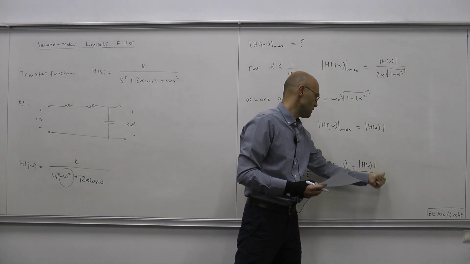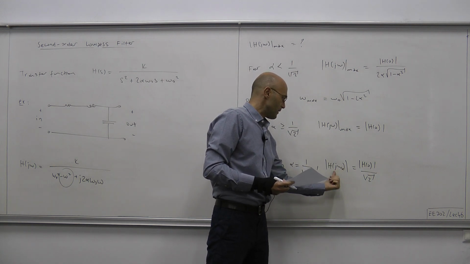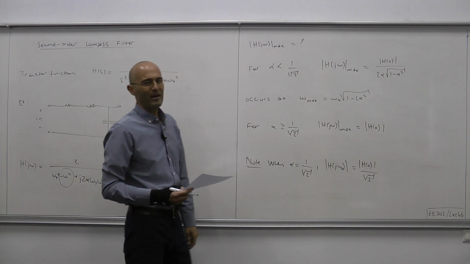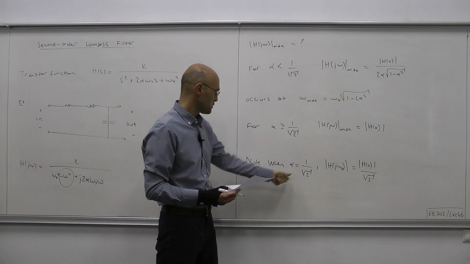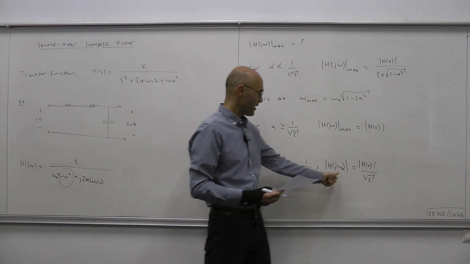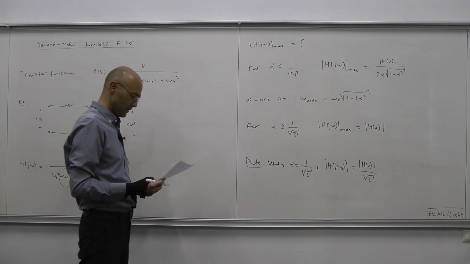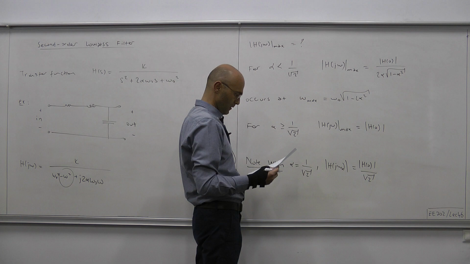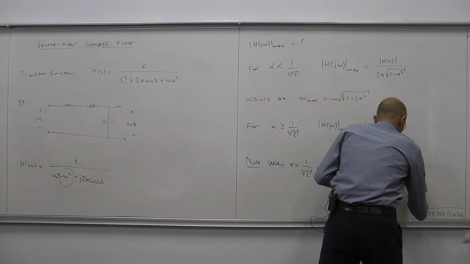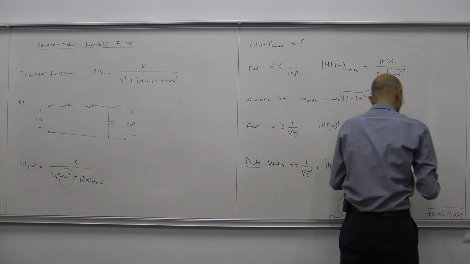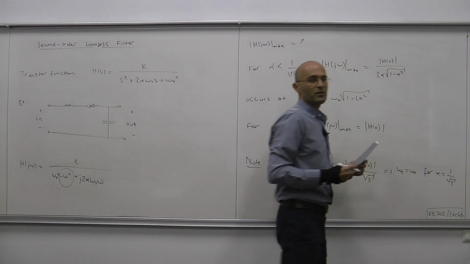So the maximum value divided by square root of 2 equals the value of the gain at frequency omega 0. So that's by definition the cutoff frequency. Okay, so when alpha equals 1 over square root of 2, omega 0 happens to be the cutoff frequency of our low pass filter. So cutoff frequency equals omega 0 when alpha equals 1 over square root of 2.